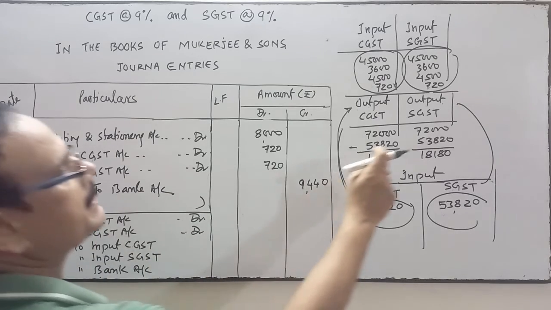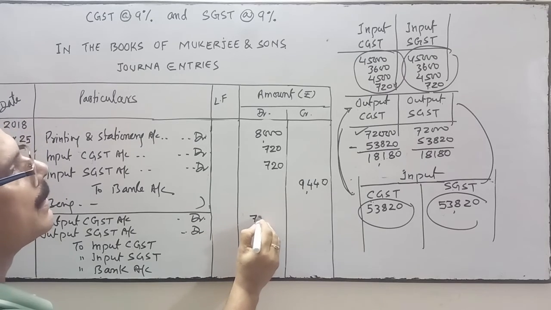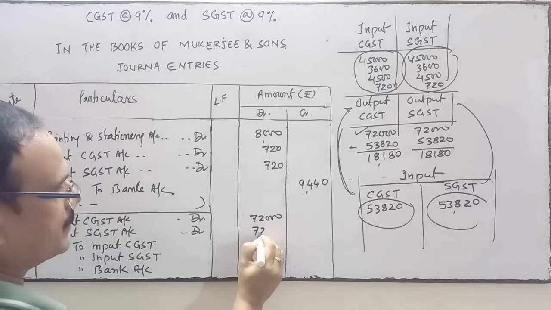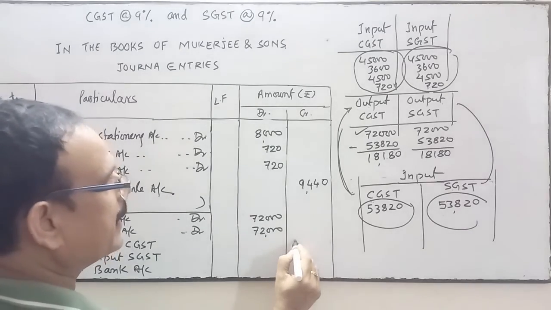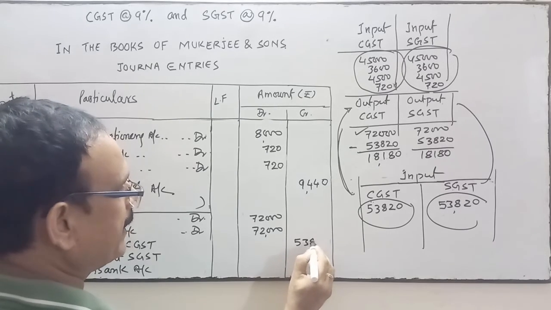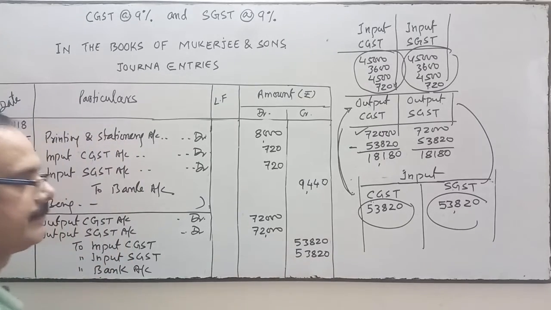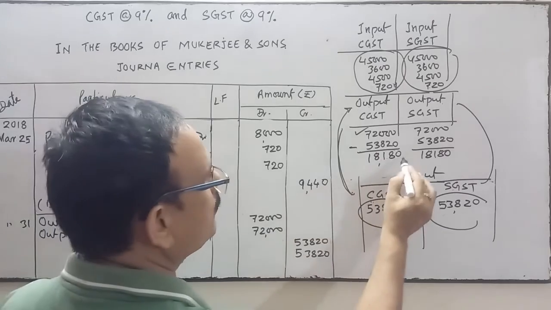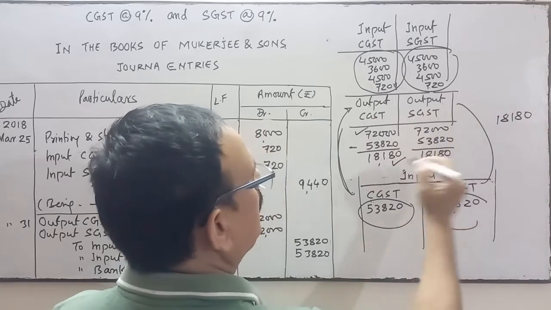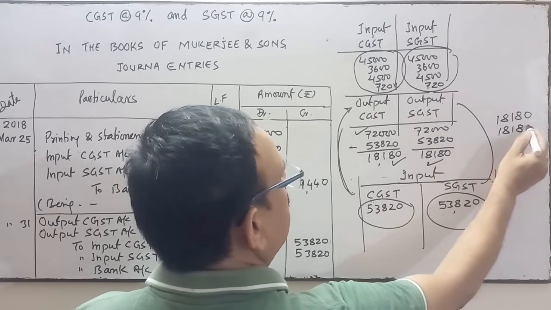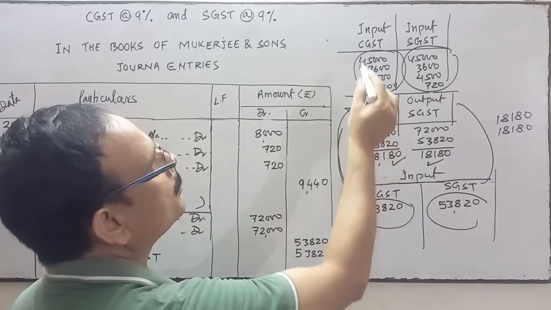So output CGST is 72,000 and 72,000. Out of that, input CGST 53,820 and 53,820 is adjusted, and the rest amount will be paid. This much will be paid, means 18,180 and 18,180.